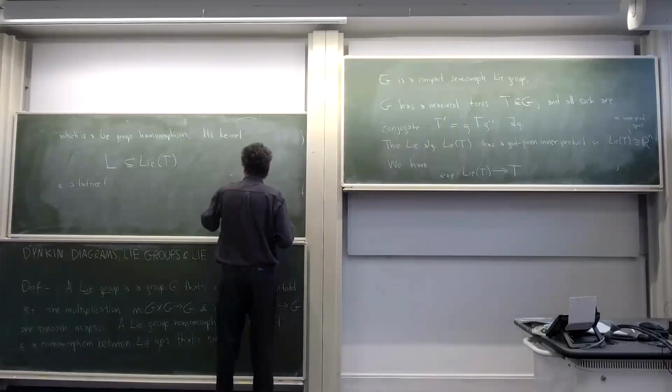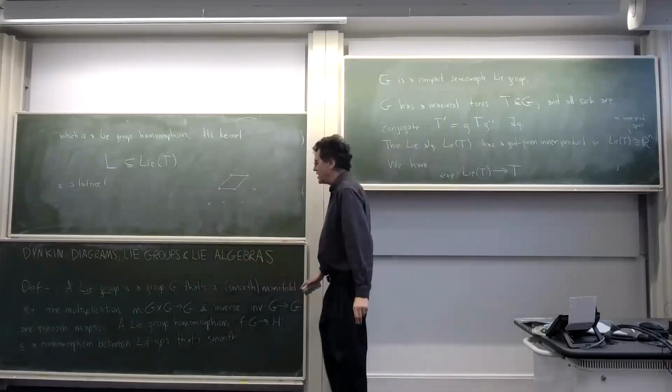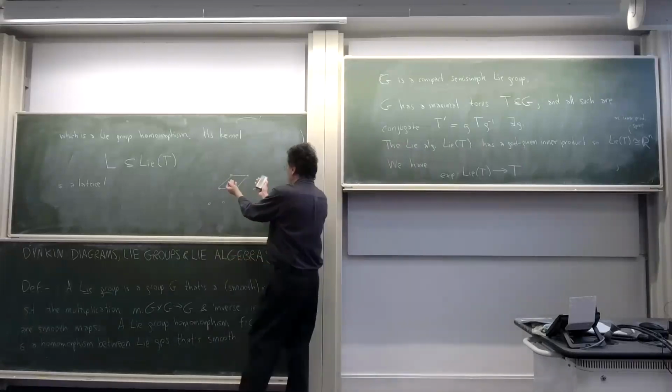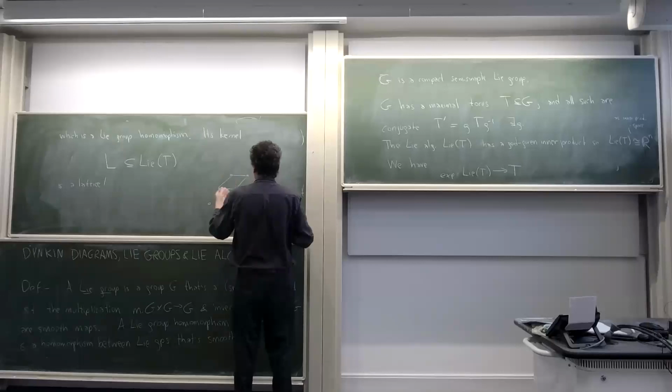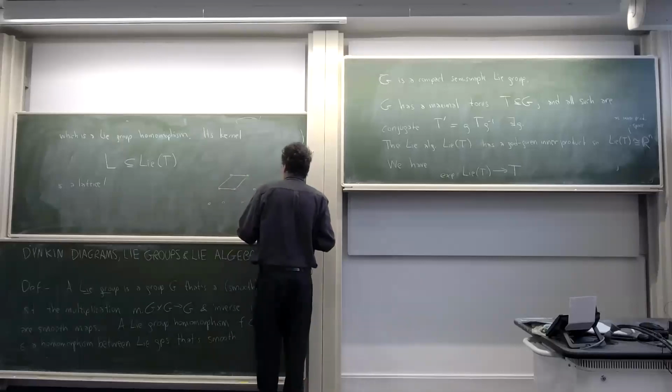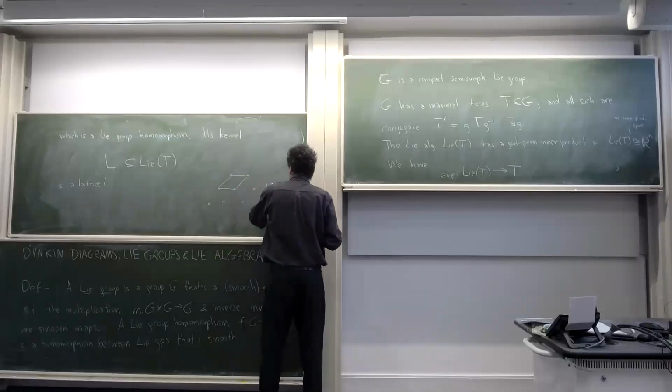So if I have a lattice in a vector space, I can take any one of these fundamental cells here and curl it up, identify opposite edges, and I get a torus. So here I have this lattice sitting inside the vector space Lie of T.